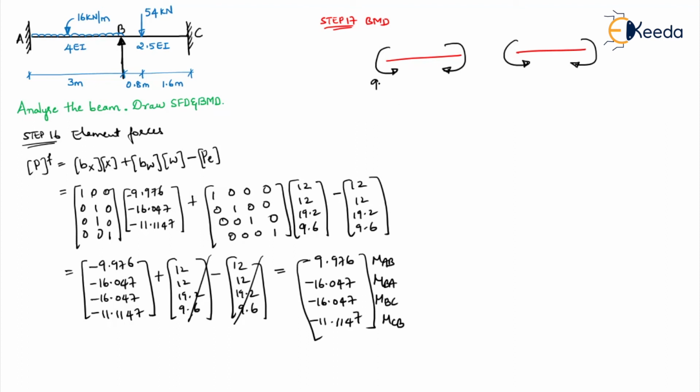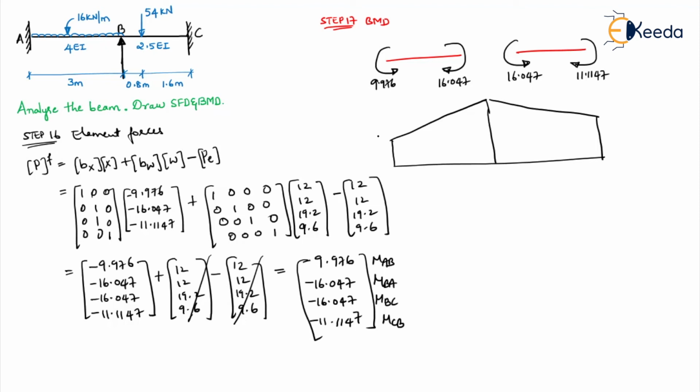So this is 9.976, 16.047, 16.047 and 11.1147. So this is 9, this is 16, this is 11. This is a bending moment because of your fixed end moments: 16.047 and 11.147 kilonewton meter.